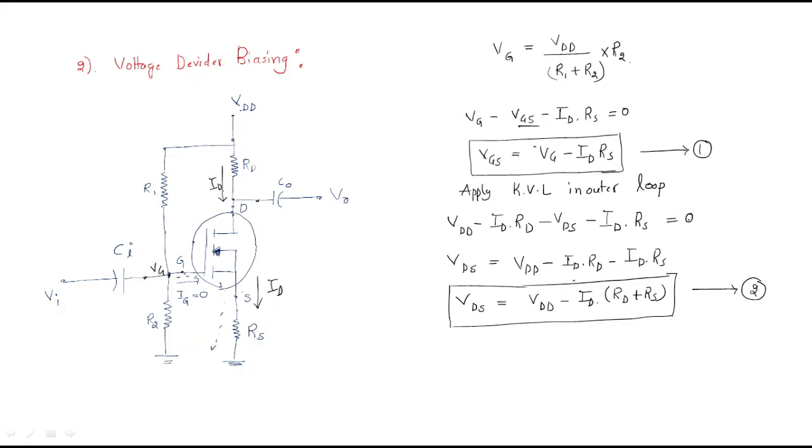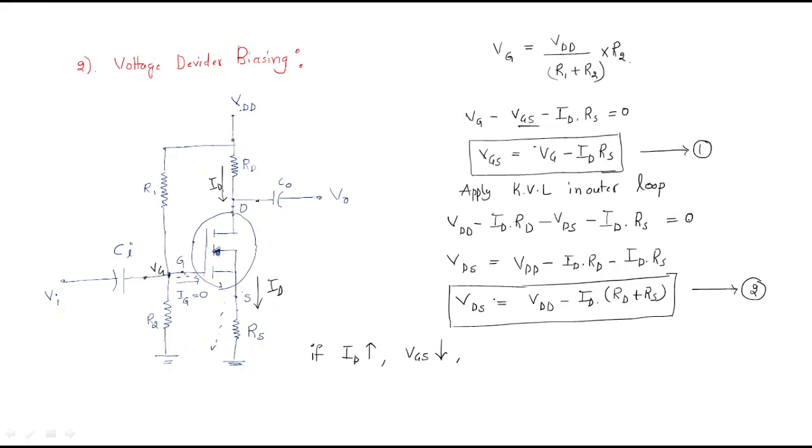By using this voltage divider biasing, what happens? We will analyze it like this. For example, if you are increasing the drain current, what about VGS? Look here, I am increasing ID, so VGS will decrease.